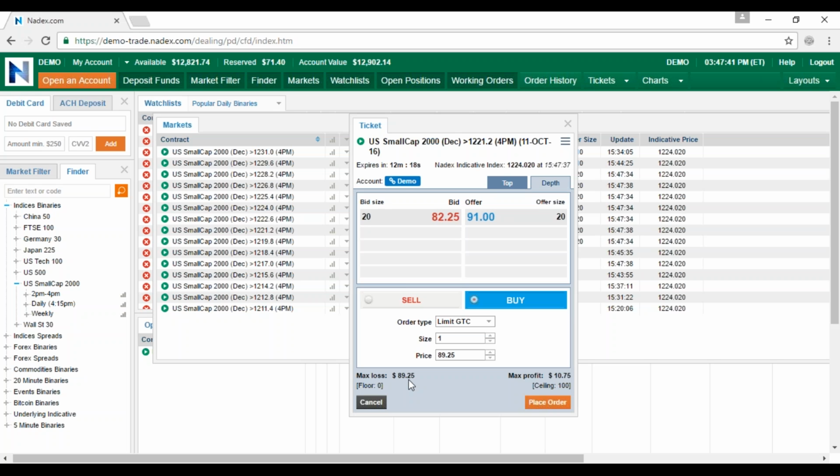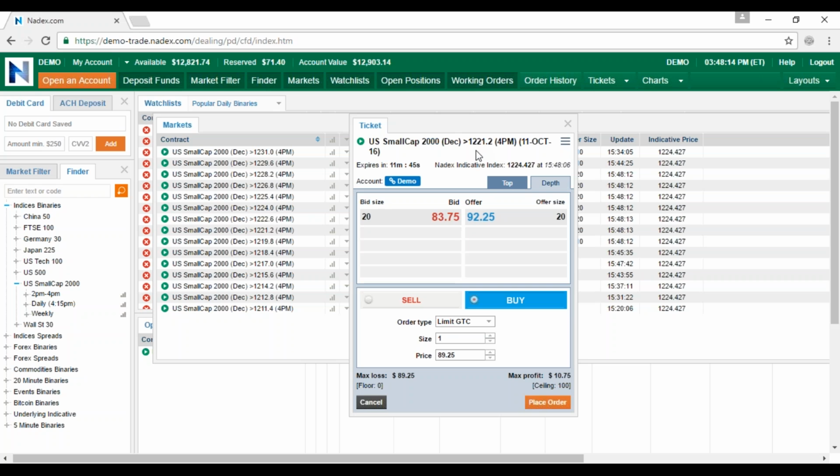Risking $89. Why? Because first of all, you're risking 89 to only make possibly 10. You don't like that. But what you don't like is seeing this max loss of 89.25 and knowing that in 11 minutes and 58 seconds, that $89 can be gone, right? And here's the other thing. What are you buying here?